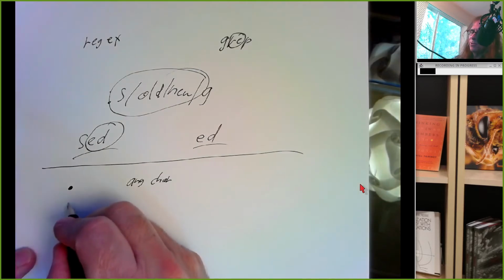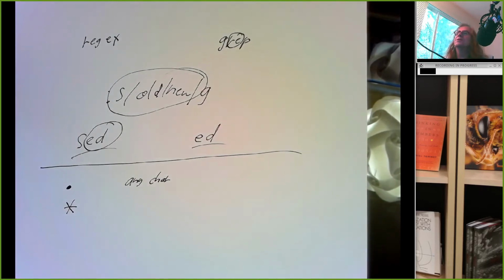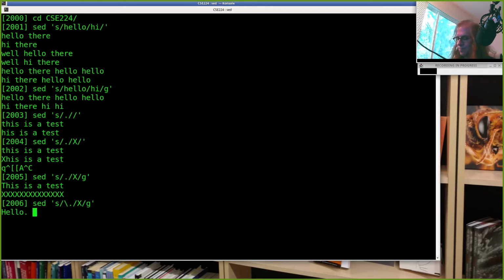Okay, another character to know is an asterisk. Oh, good question. So if you wanted to actually look for a period, we can do what's called an escape, which is a \. And so if I said something like substitute \. period with an X, that'll just replace the actual periods.